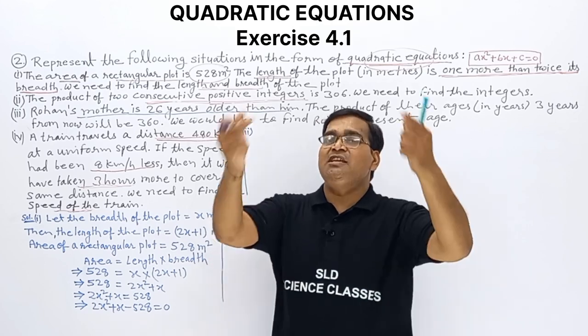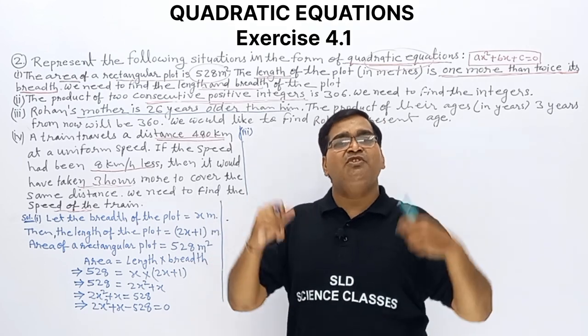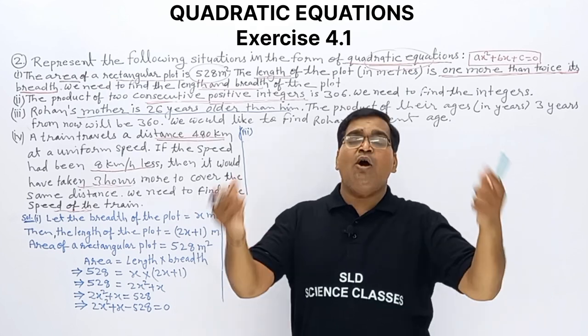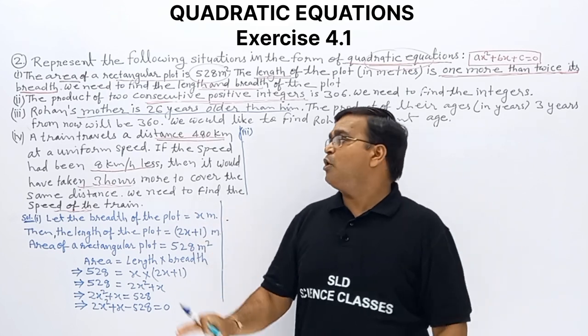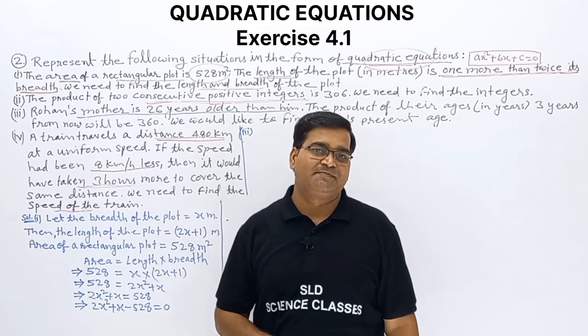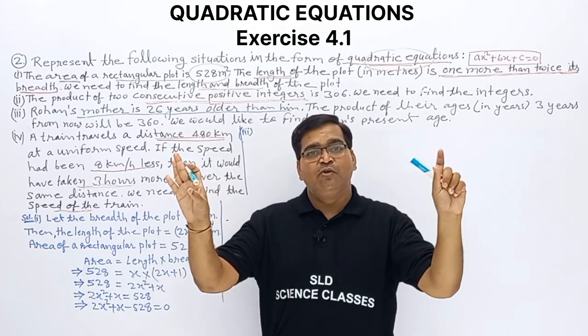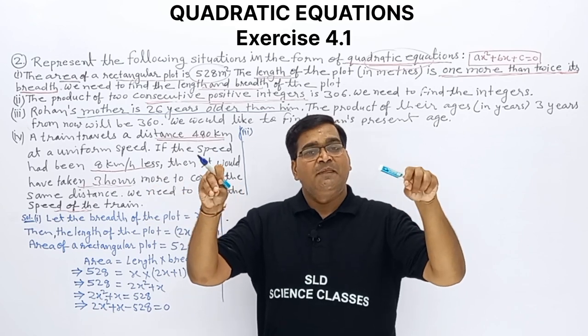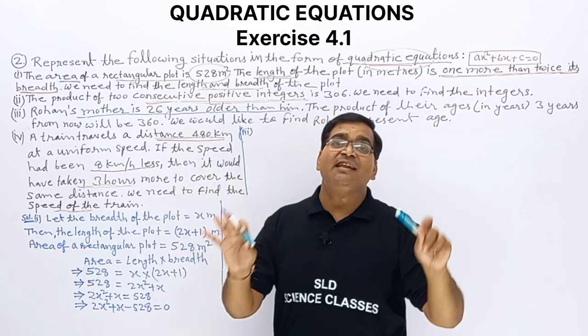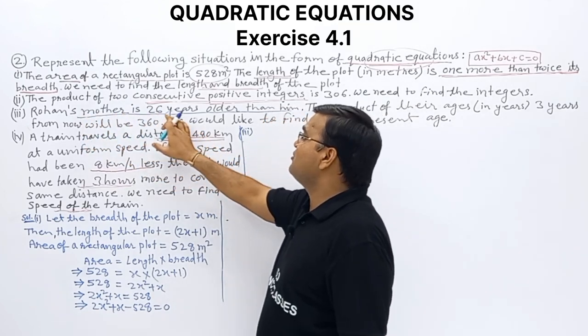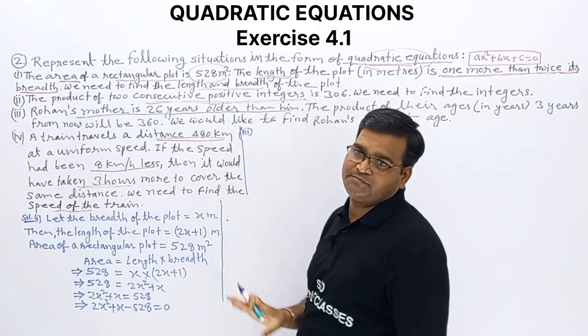Then after 3 years from now, the age of both and the product of both will be what? 360. Clear? So first, after 3 years, what will happen? We don't know. First, we want the present age. And the present age, how will we find it? From the first sentence. Rohan's mother is 26 years older than him.